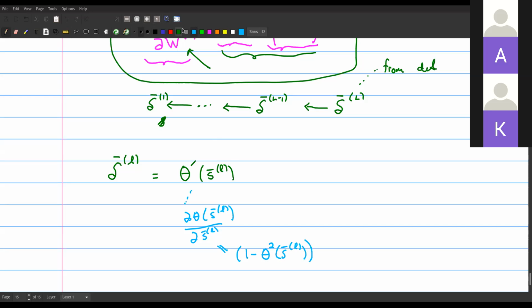There's more to this formula, so let me write the other parts too. Now we have this funny symbol, this X-man symbol. What that is is just broadcast multiplication. Like in NumPy, if you multiply a vector by a scalar, it automatically does multiplication entry by entry.